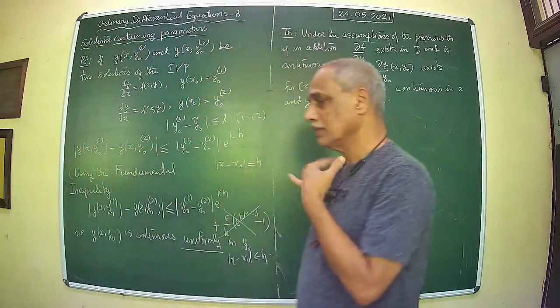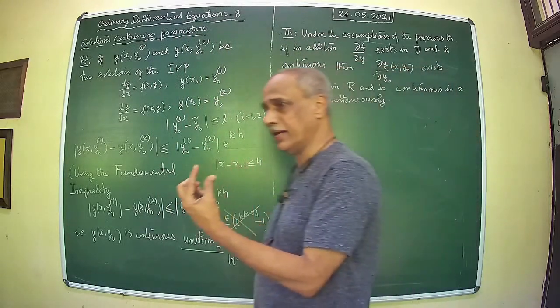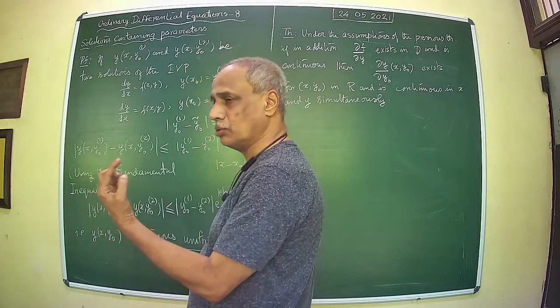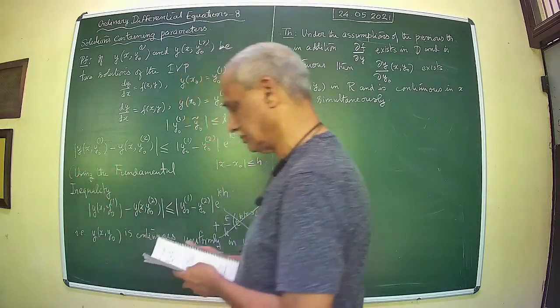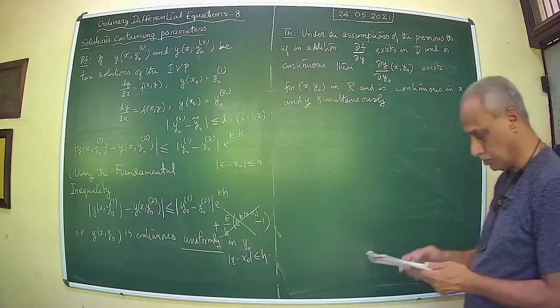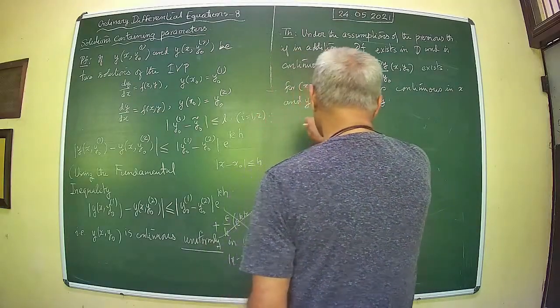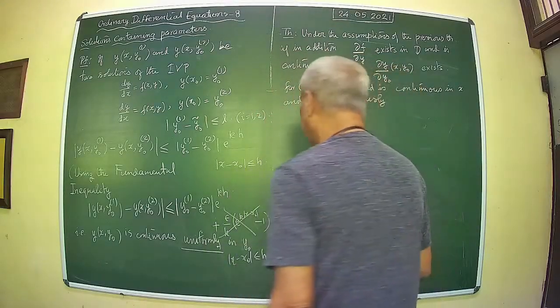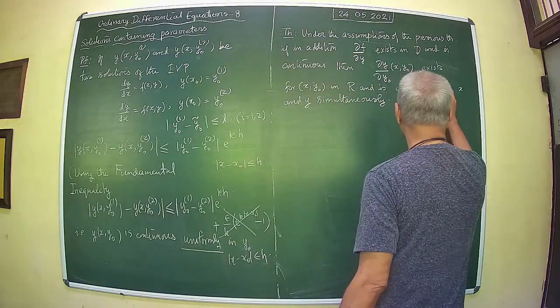That means when the initial data lie closer, then the solution is going to lie closer. This is the conclusion. So I refer you to the proof given to this theorem in page 13 of the book.